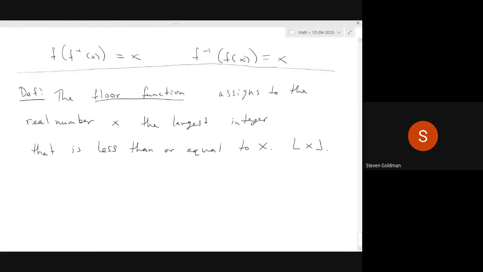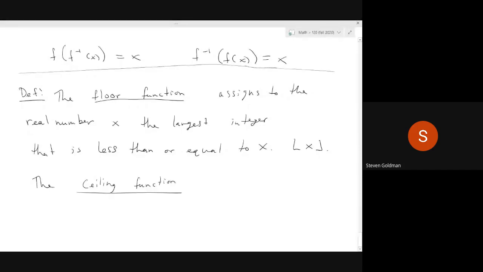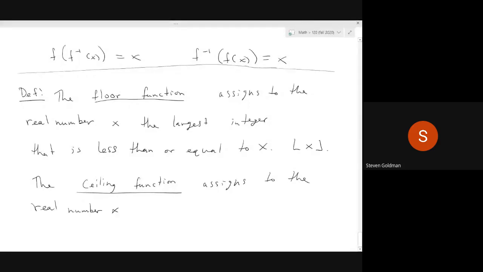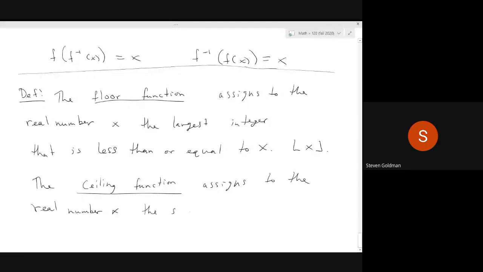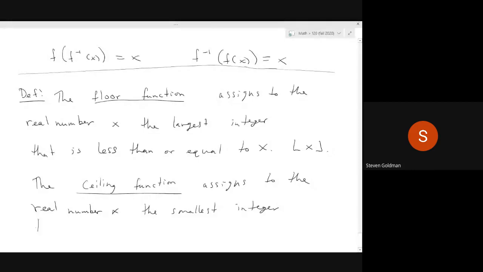Okay. The ceiling function assigns to the real number x the smallest integer that is greater than or equal to x.